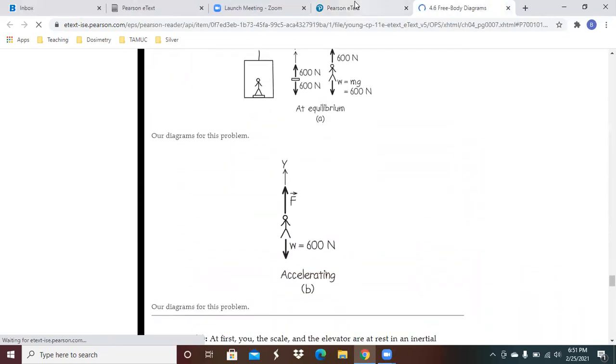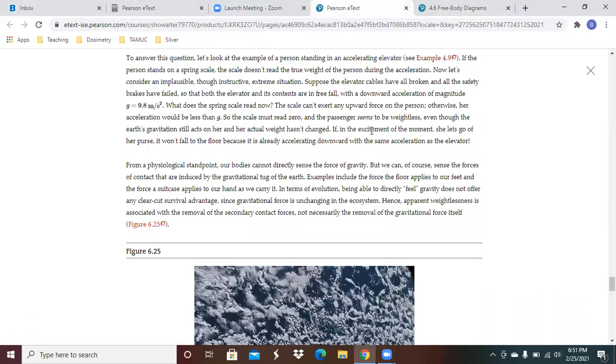If the person stands on a spring scale, the scale doesn't read the true weight of the person during the acceleration. Now, suppose the elevator cables have all broken and all the safety brakes have failed. So the elevator and its contents are in free fall, with downward acceleration of magnitude g.